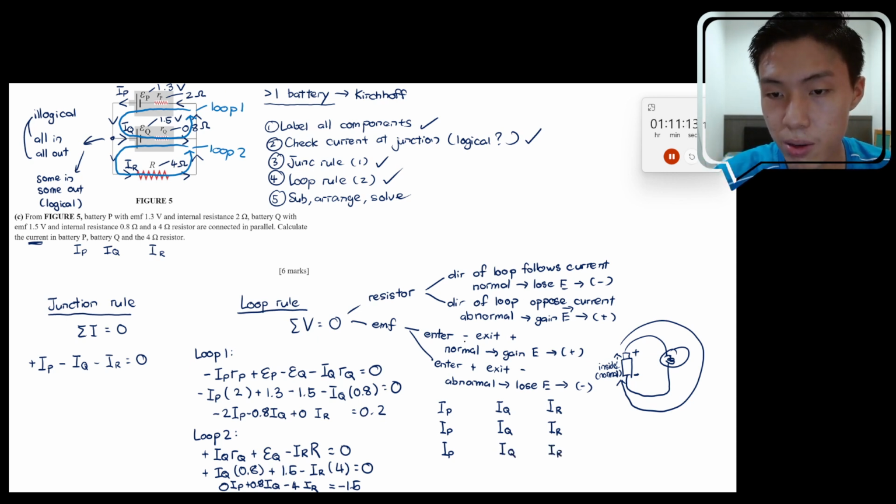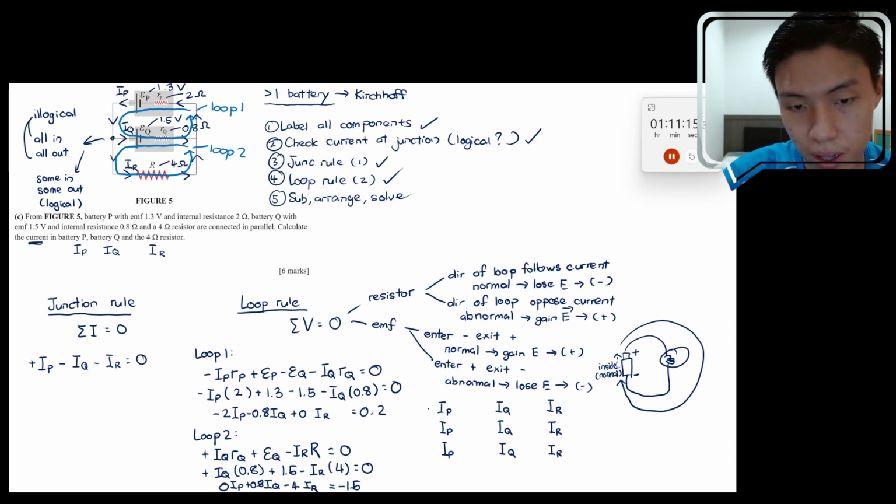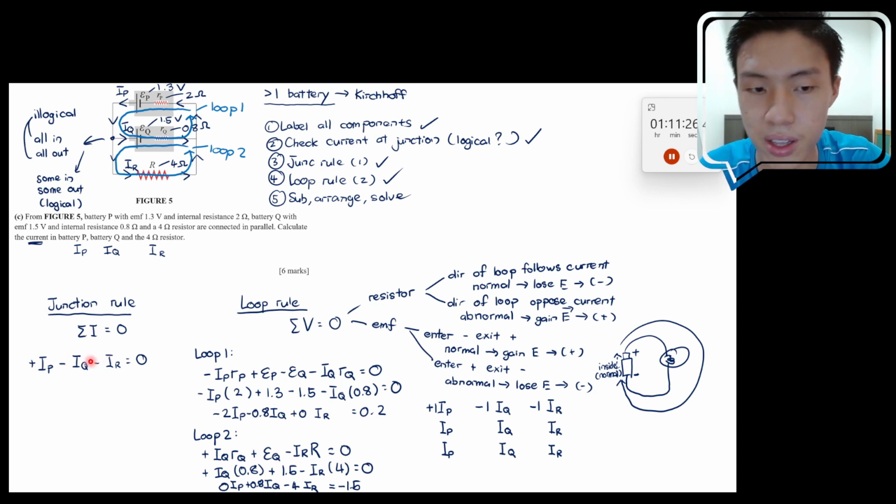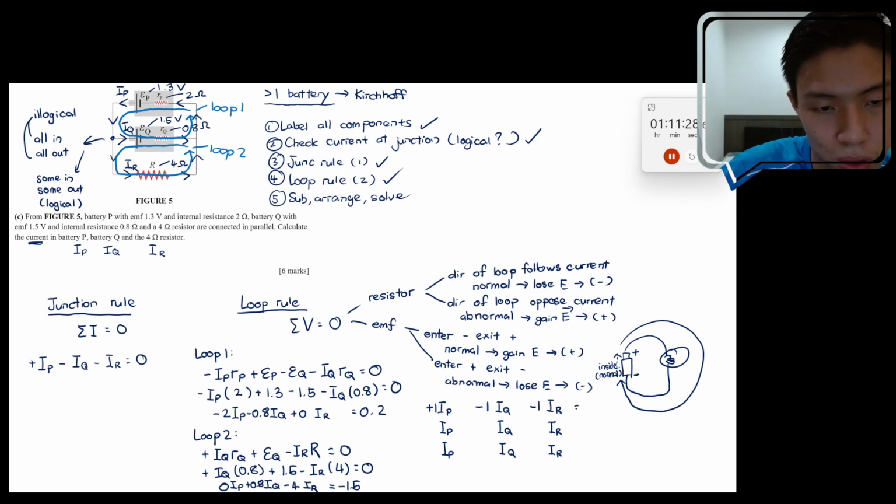IP, it's plus 1, negative 1, negative 1. What am I referring to? I'm referring over here. Plus 1, negative 1, negative 1. Okay, and equals to 0.